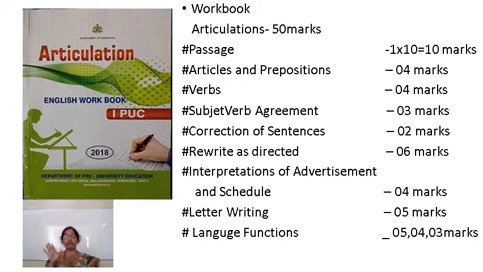According to that, which is a suitable one, you have to construct the dialogues very carefully. So remember here, this is for 50 marks, which you are going to cover from the grammar part.